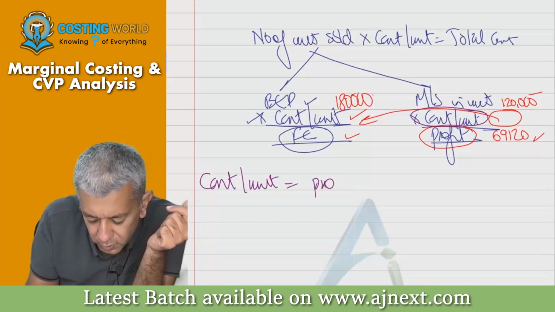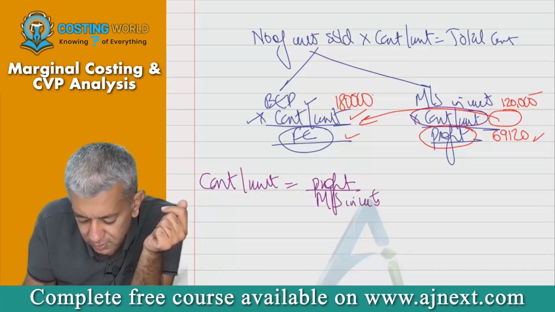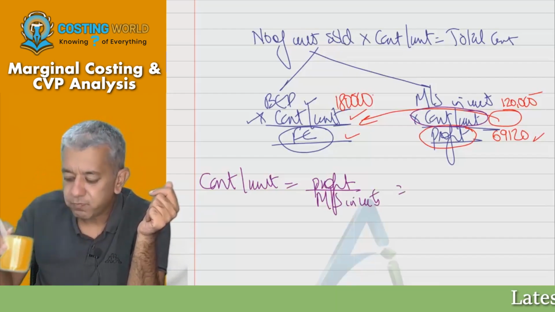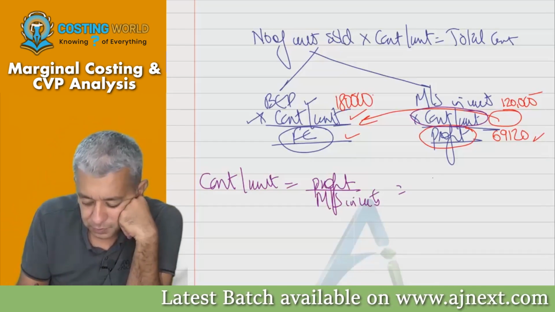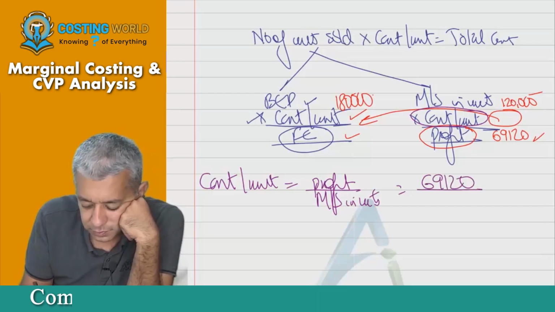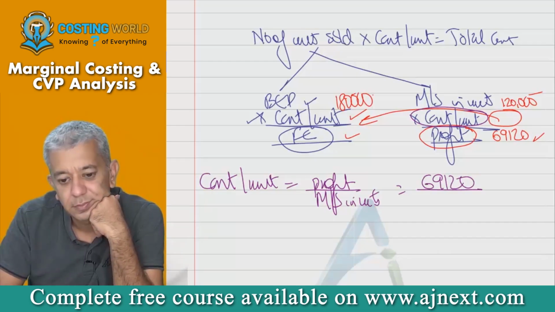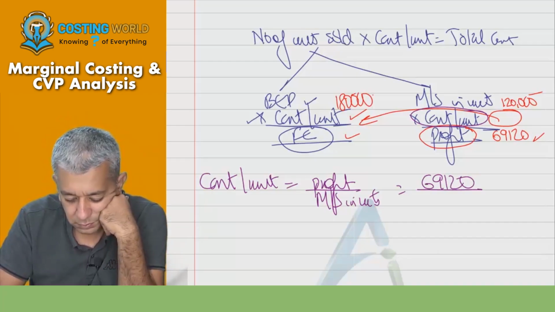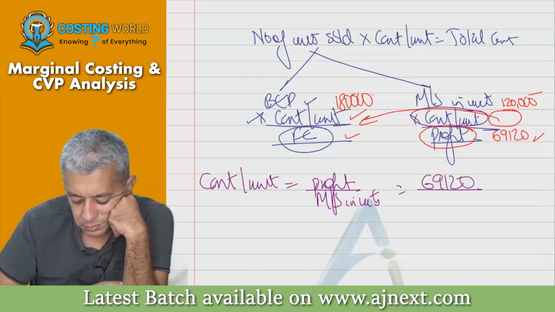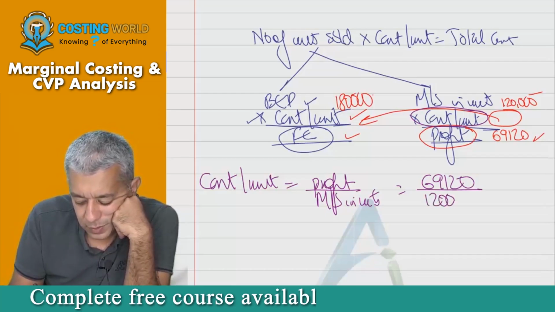Contribution per unit is equal to profit divided by margin of safety in units. $69,120 divided by margin of safety 1,20,000.